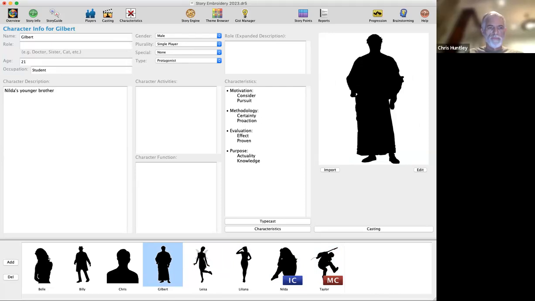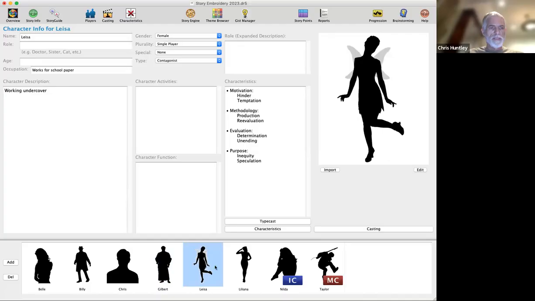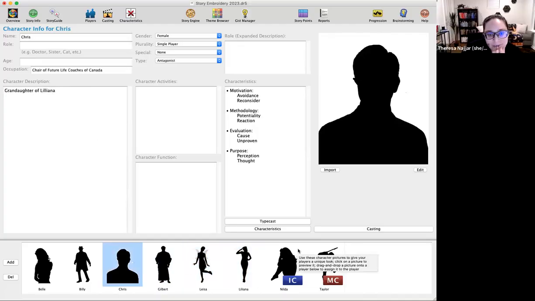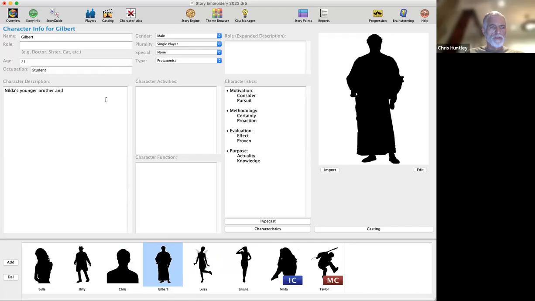Okay. And the boyfriend of the granddaughter. I don't remember who is the granddaughter. That would be Lisa. Nope. Chris. Oh, okay, got it. So Gilbert and Chris. Chris is boyfriend? Yes.